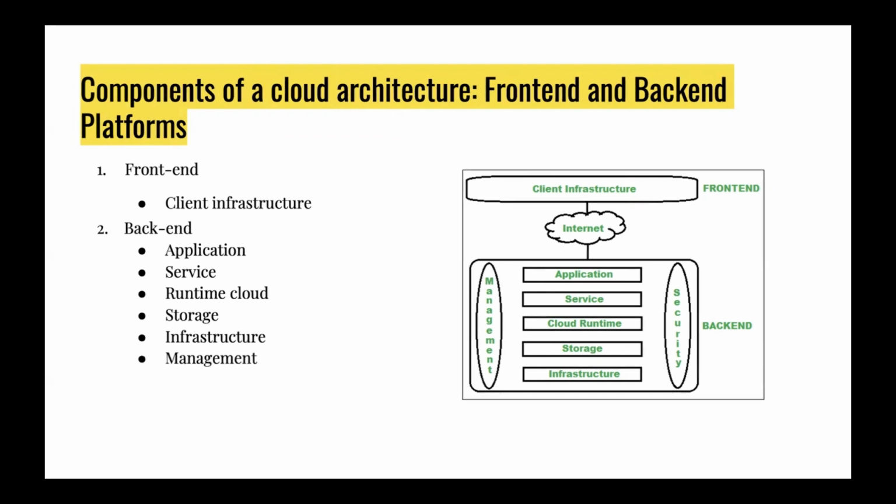Cloud service models require that resources be managed in real time according to user requirements. It is essential to use management software, also known as middleware, to coordinate communication between the backend and front end cloud architecture components and allocate resources for specific tasks.